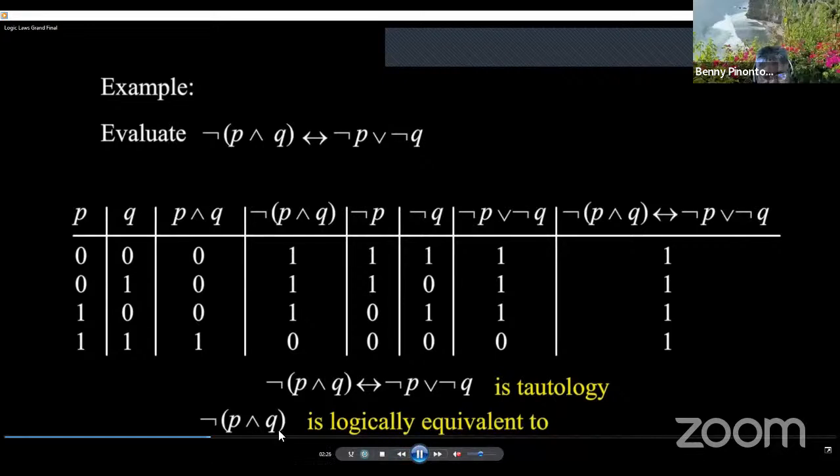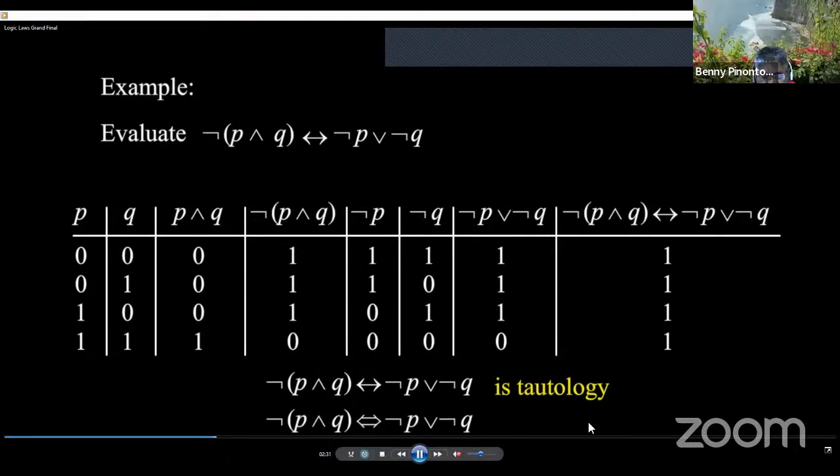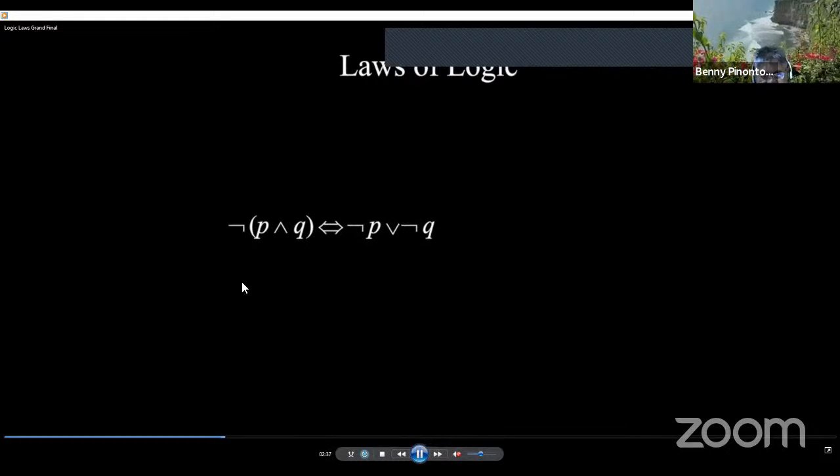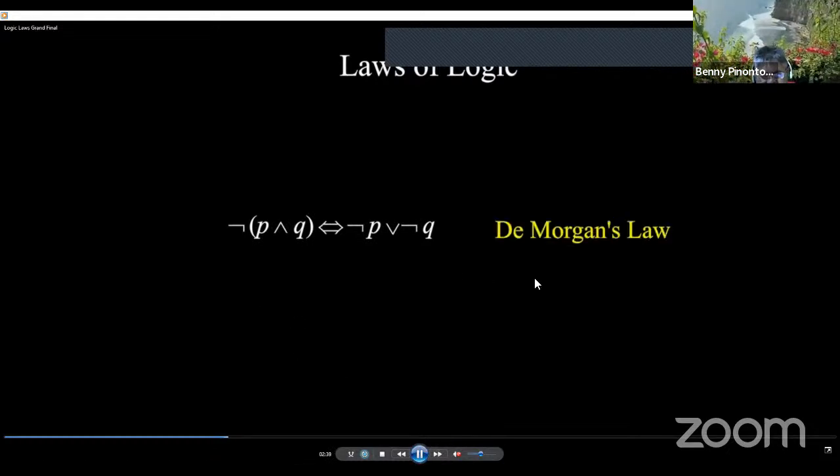We say that this one is logically equivalent to the right side. We have a law for that, called De Morgan's law.